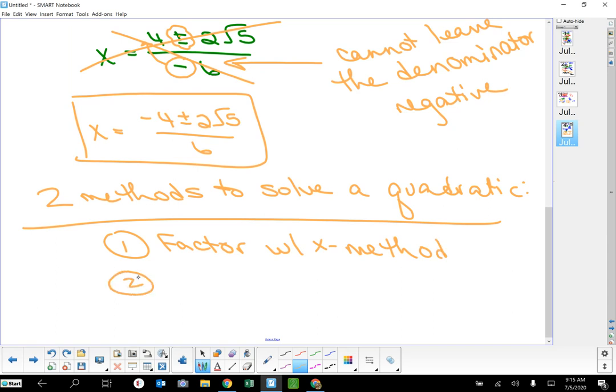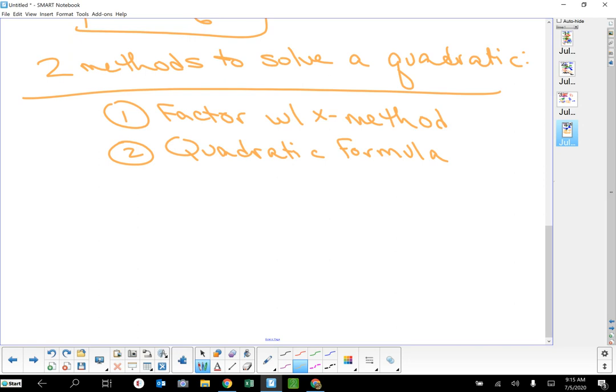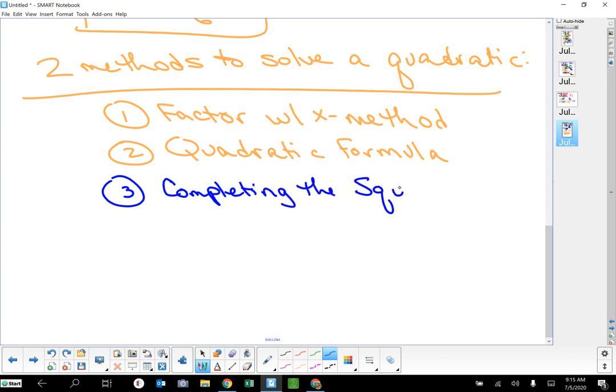And the second is quadratic formula. And we're going to be doing a third. We haven't done it yet, but the third is called completing the square. And numbers 2 and 3 can be done for every single equation all the time.